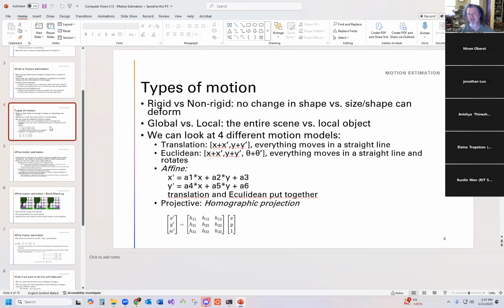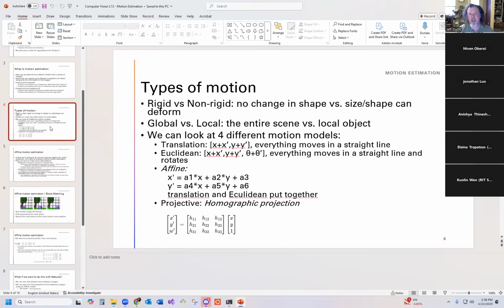Then there's affine, which is the 6 parameter model we discussed last time, essentially a combination of translational and Euclidean motion models. And the last one is homographic projection, which we talked about with image stitching, which is a whole heap of linear algebra.